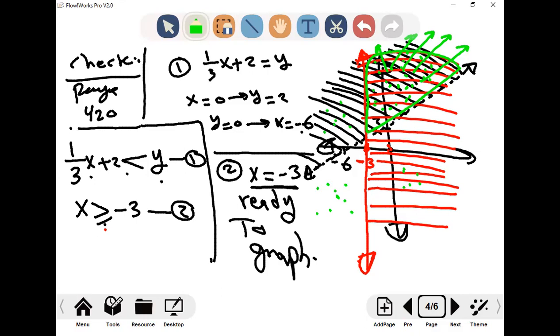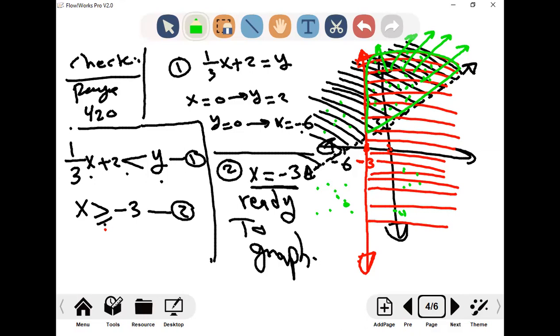Let's guess. Let's take -6 and, for example, -4. Here it's out of -3. This is what I want, right? x is -6 and y is -4. If you substitute here -6, 1/3 with -6 is -2, plus 2 gives 0.